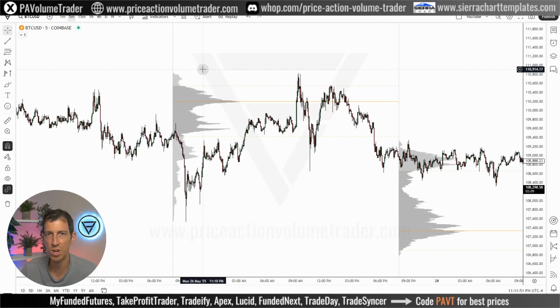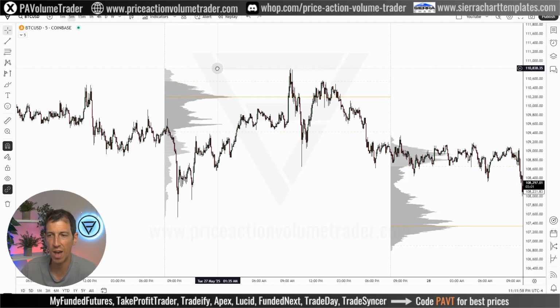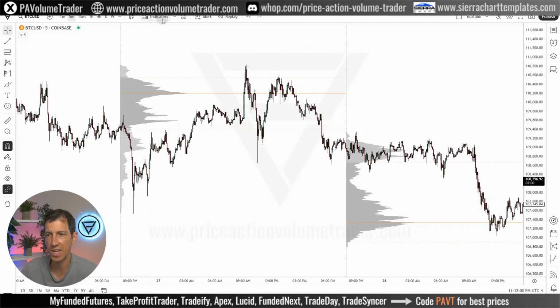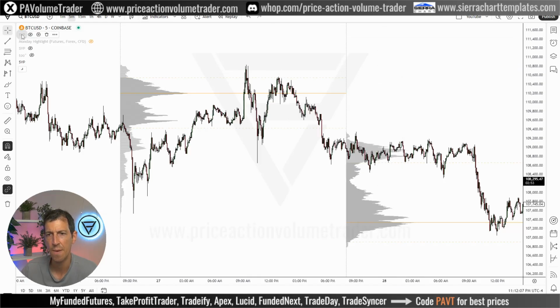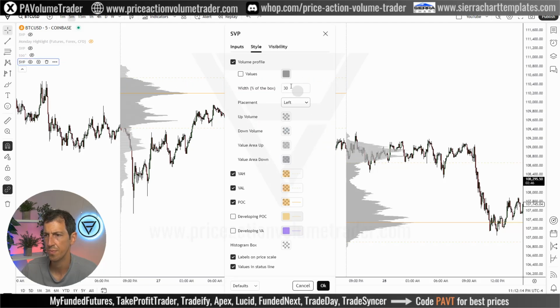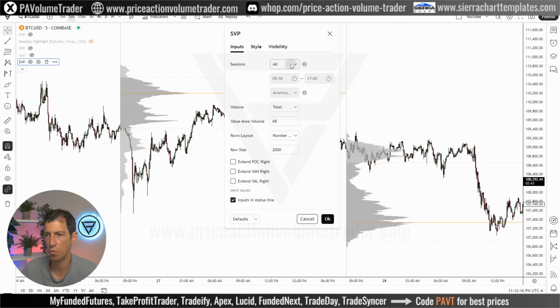Basically, the standard session profile, which goes from the daily open to the daily close. So basically, one profile per day, okay? And if you go to indicators, profiles, just go to session volume profile, and then under the settings, under inputs, when you go to sessions, just put all, and that is pretty much going to set it at the beginning of every day.